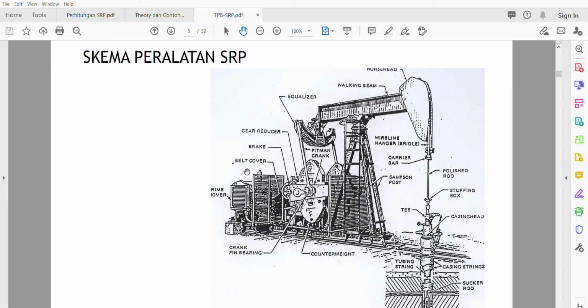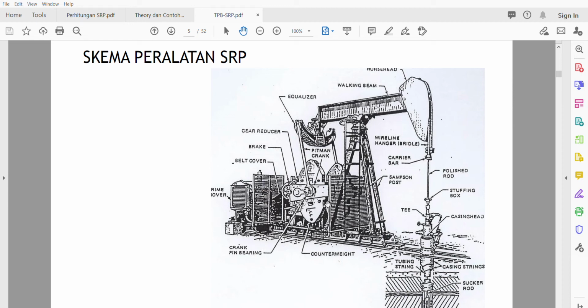This is the motor, the prime mover, and the motor moves by belt, between the motor and the rod. The belt moves the counterweight. There is a brake on it, and a gear reducer between the belt and the counterweight.